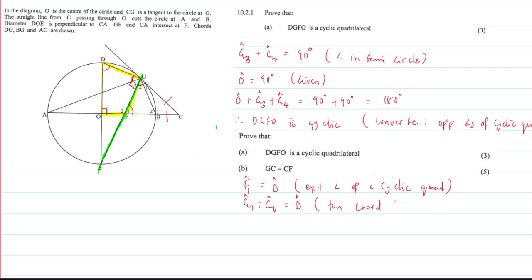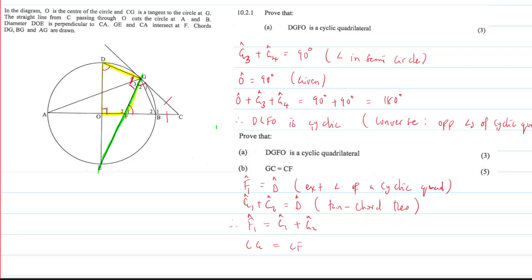Tan chord theorem. Okay, so with your tan chord theorem, now if D is equal to F and D is also equal to G1 plus G2, it follows therefore that F1 has to equal G1 plus G2. Okay, and so you will notice then that CG must equal CF.